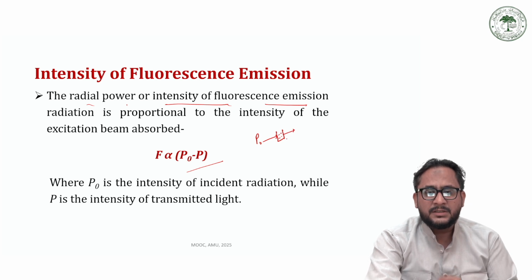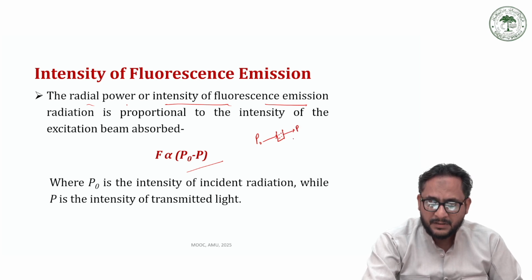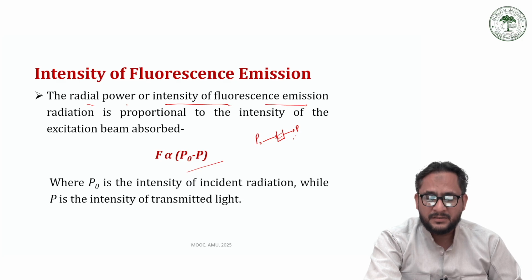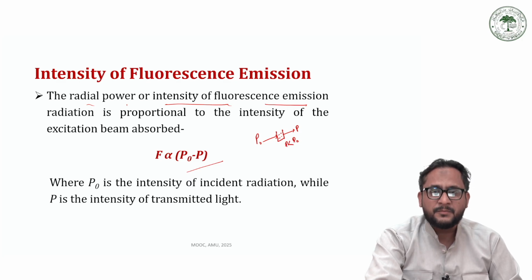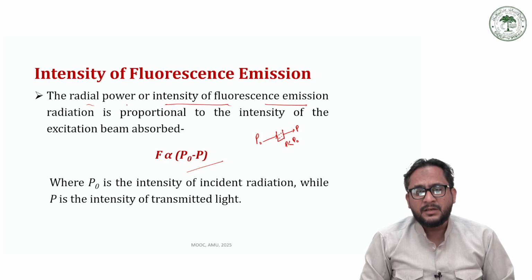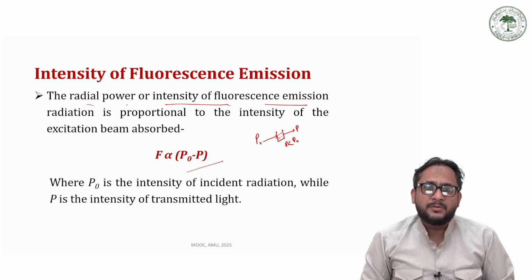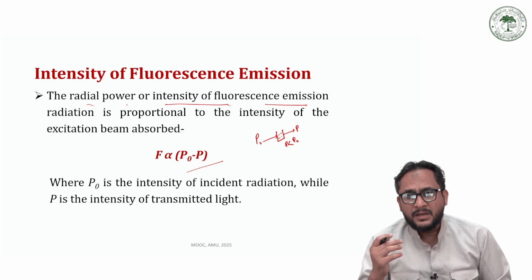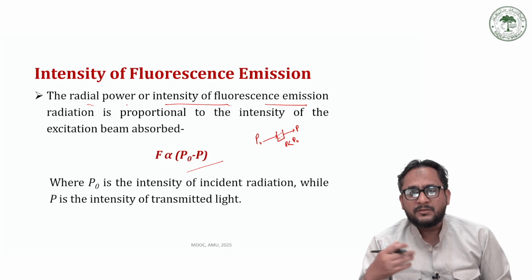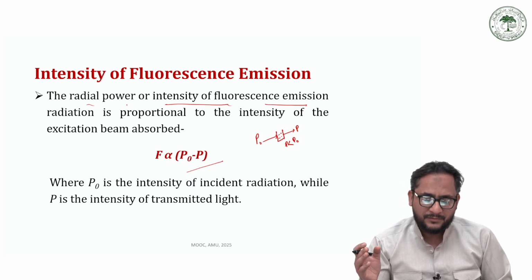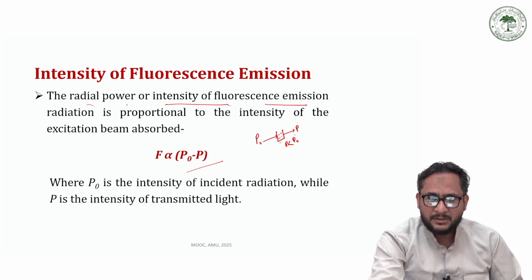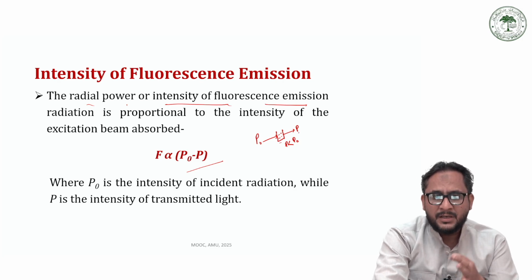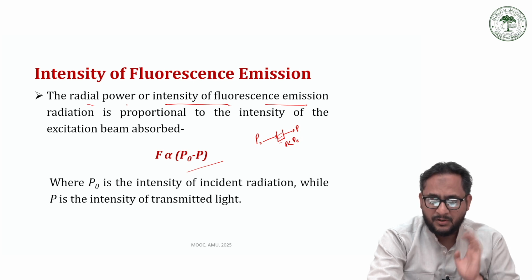Some of the energy is absorbed, while the remaining light of intensity P is transmitted, where P is of course less than P naught, because some of the intensity is being absorbed, causing excitation of electrons to the next level, so that when the electrons come back, they emit light radiation causing the phenomenon of fluorescence. Since some of the light is absorbed, the transmitted light has an intensity P which is lesser than the incident radiation's intensity P naught.